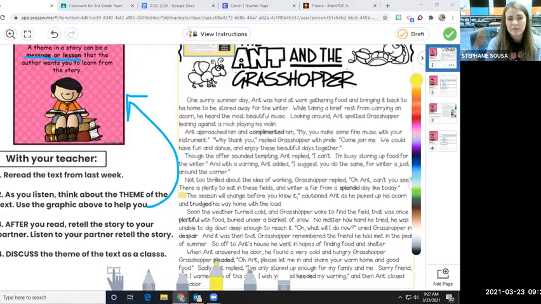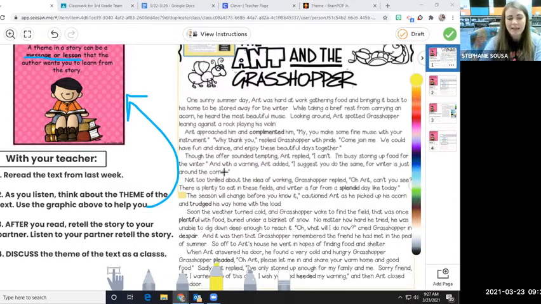"My, you make some fine music with your instrument." "Why, thank you," replied Grasshopper with pride. "Come, join me. We could have fun and dance and enjoy these beautiful days together." Though the offer sounded tempting, Ant replied, "I can't. I'm busy storing up food for the winter." And with a warning, Ant added, "I suggest you do the same, for winter is just around the corner."